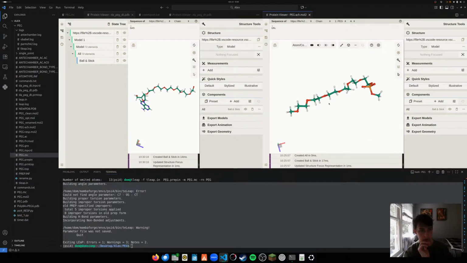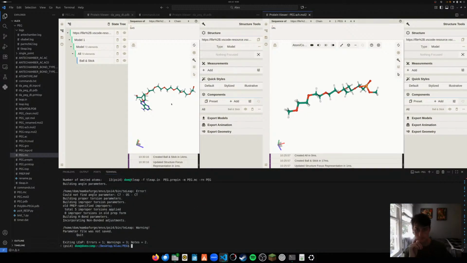But this is a methyl too. It's just because of the connection here.